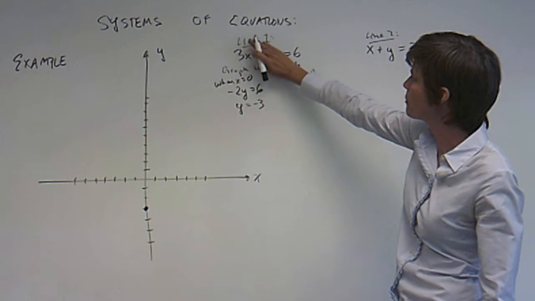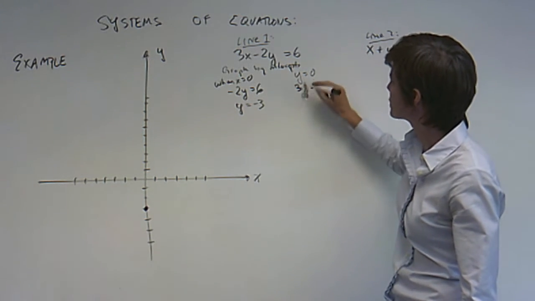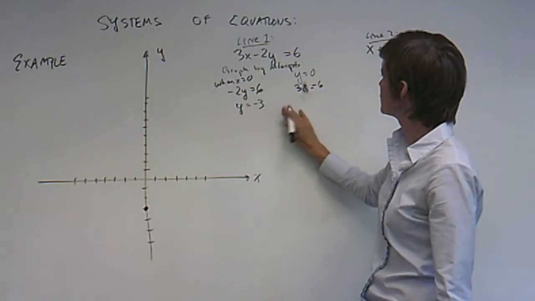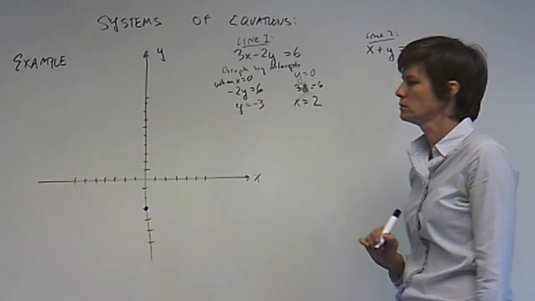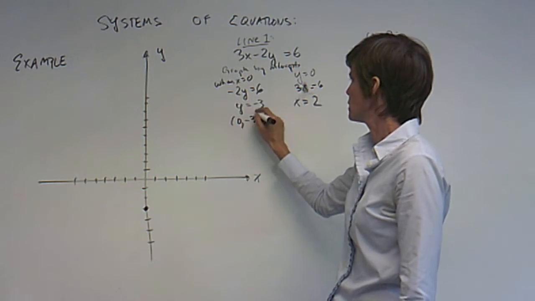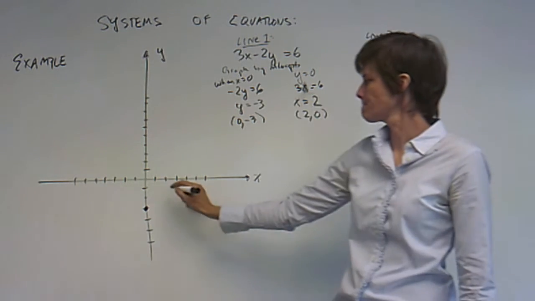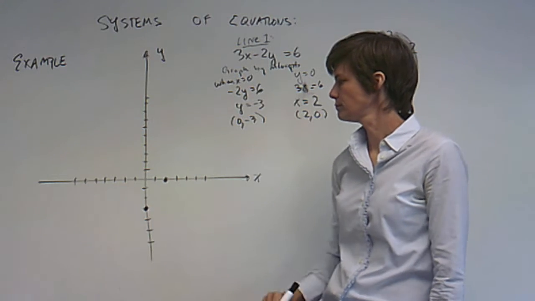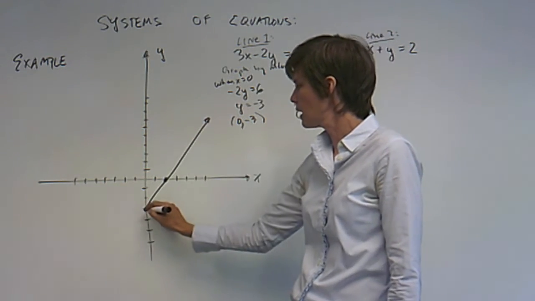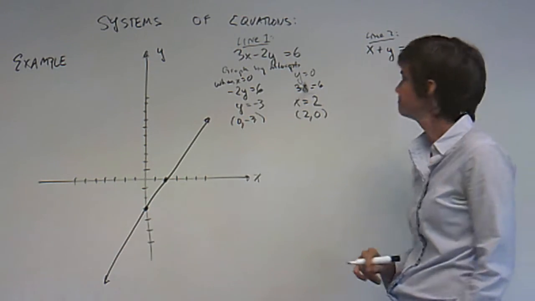When y is 0, this part goes away, and you get 3x equals 6, in which case x is 2. So this translates to the point 0, negative 3, and this is 2, 0. There are the zeros that we've embedded in. There is our line number 1.